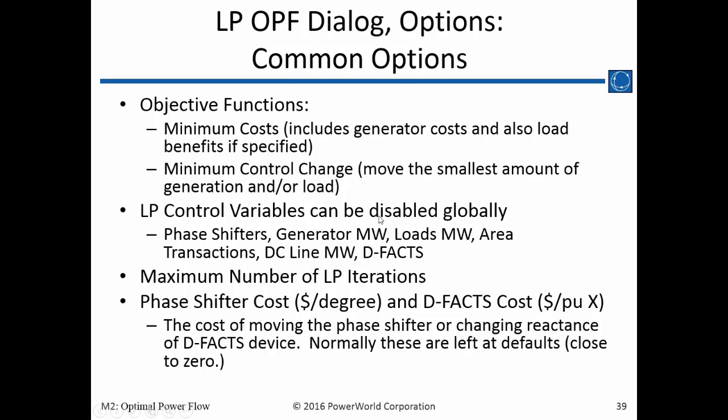Some of these options are described in greater detail on the slides as well, as far as the objective function, the control variables, iterations, and cost of moving phase shifters. There's also distributed FACTS devices, which are not commonly modeled, but you can also have those as OPF controls and costs associated with movement of those.